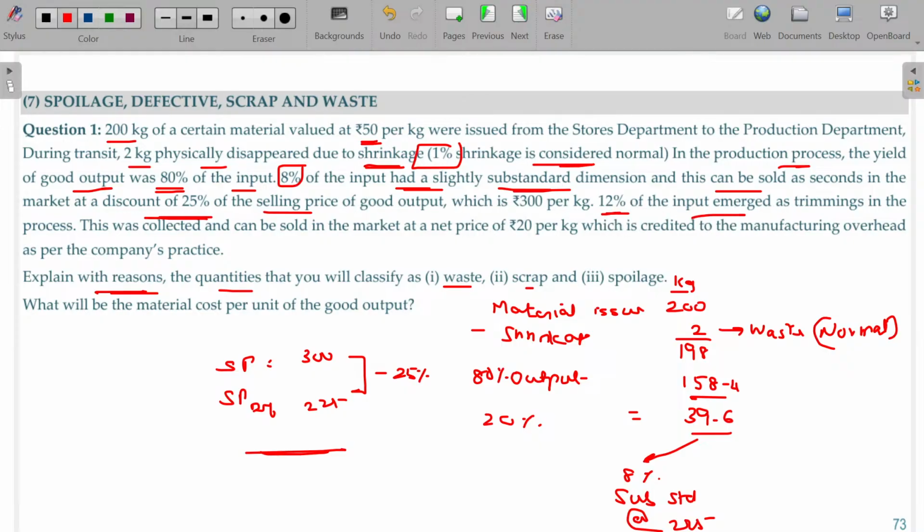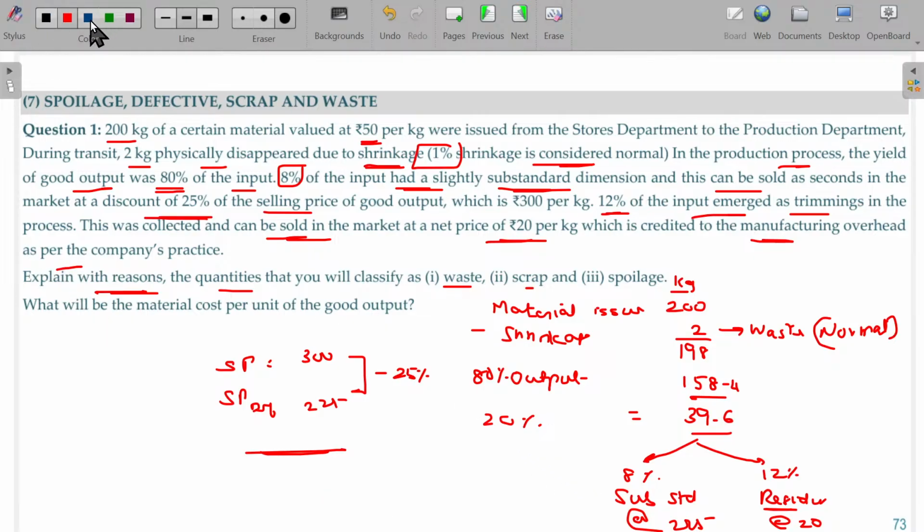Okay, 12% of the input emerged as trimming in the process. 12% will be residue. That can be sold in the market at a net price of rupees 20. It can be saleable at rupees 20, which is credited to the manufacturing overhead. It is adjusted in the factory overhead rate.